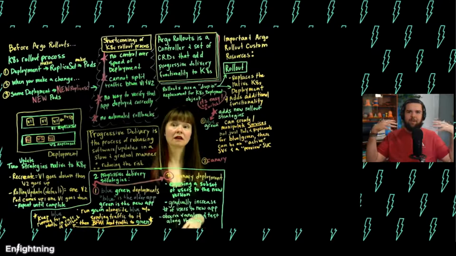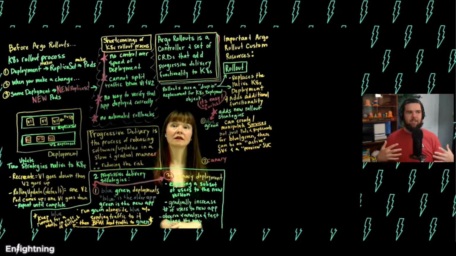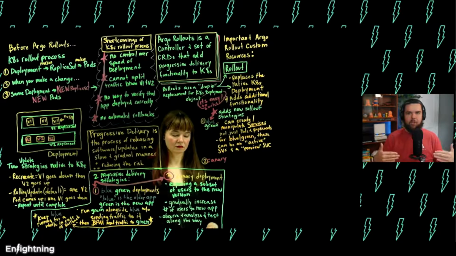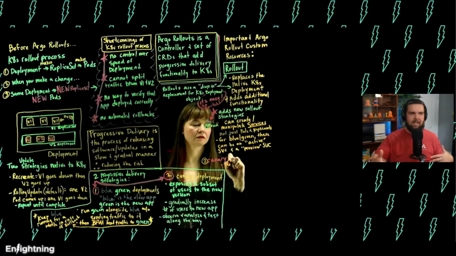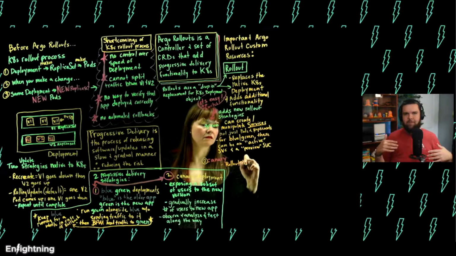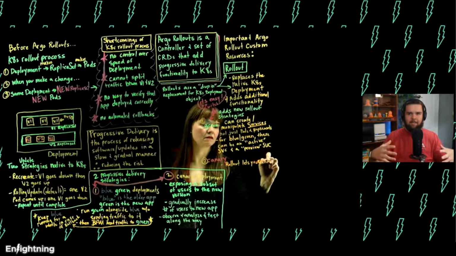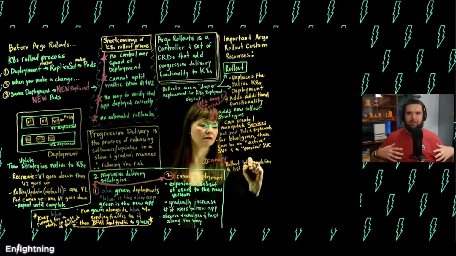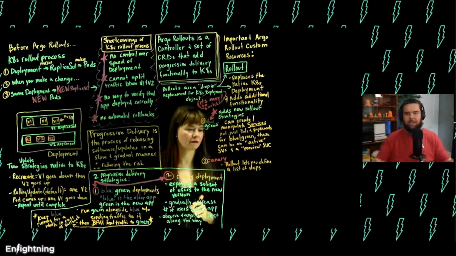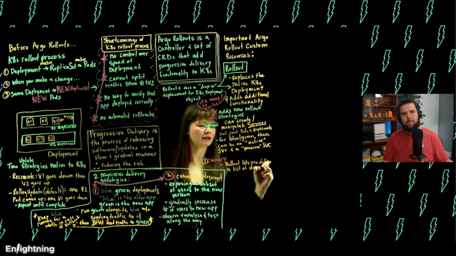So the Argo rollout resource simply lets you define a list of steps that the controller will use to determine how it's going to manipulate the replica set as it progresses through the delivery. So simply, the canary is a list of steps that the rollout is going to follow to progressively deliver that change.